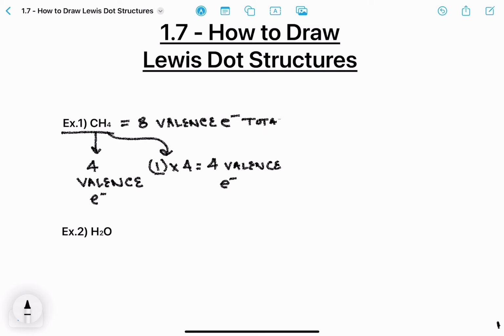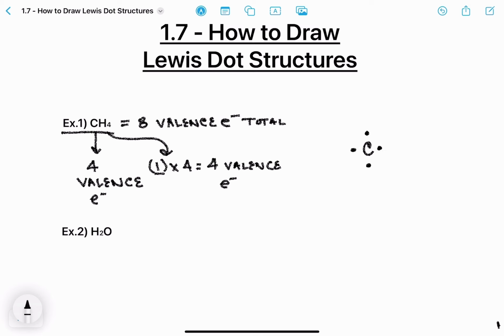Now that we've determined how many valence electrons each atom has in the overall molecule, we're going to go ahead and start drawing a proposed structure. We're going to place heteroatoms and carbons on the inside. So I'll put carbon there, and I'll put its valence electrons around it. It has 4 valence electrons, so I drew 4 valence electrons around it.